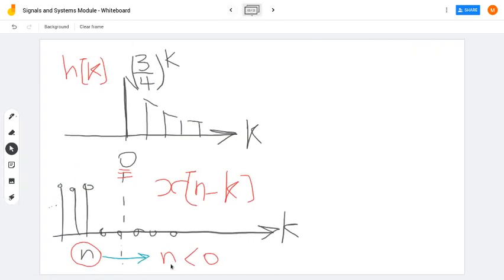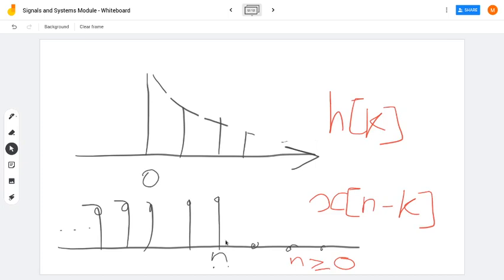Here n is less than 0, so the unit step is starting at instant n, minus 1 or minus 2 or whatever, so the multiplication is 0. But as n increases, if n goes larger than 0, the first impulse will appear over here after the 0, as we can see in this slide. Here n is larger than 0, so the unit step starts actually for n larger than 0, as we can see over here.